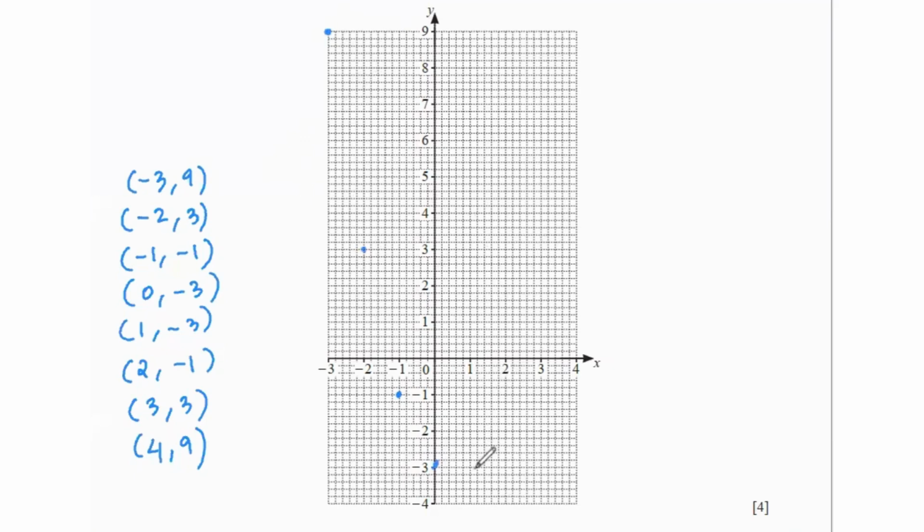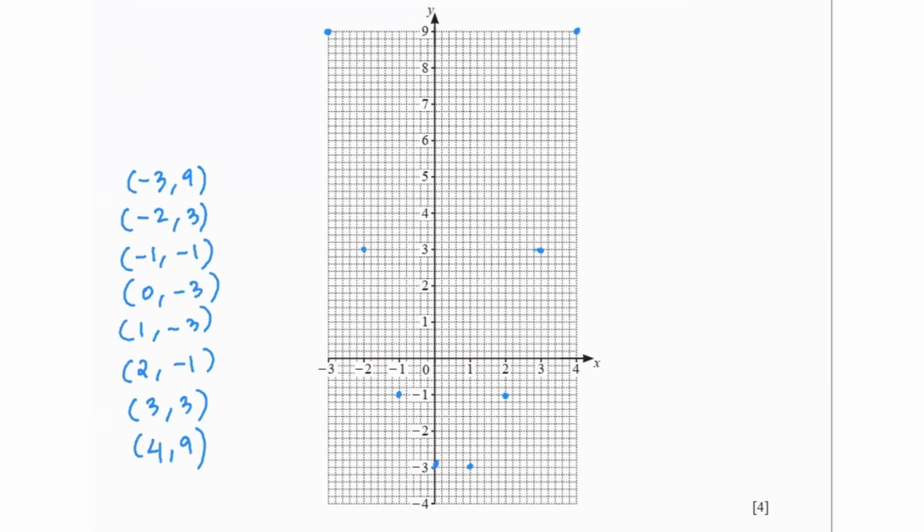1, -3 here. 2, -1 over here. And 3, 3 over here. And 4, 9 over here.